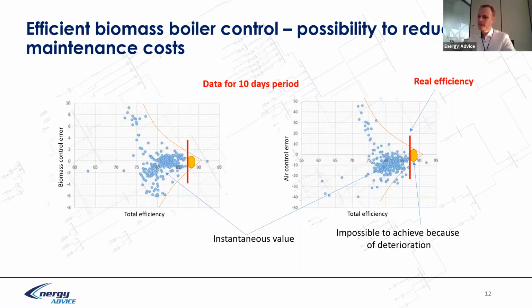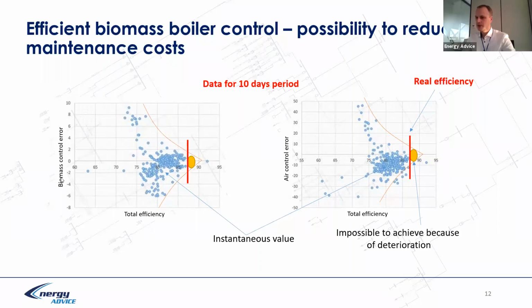This is the error, and this is the efficiency. 92% is the maximum possible for this boiler. You can see that it's a new boiler, 92%, but in fact the boiler operates like here.